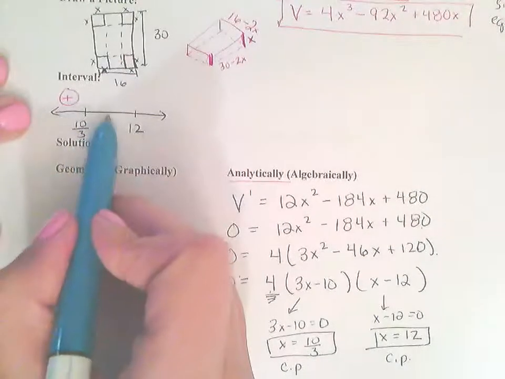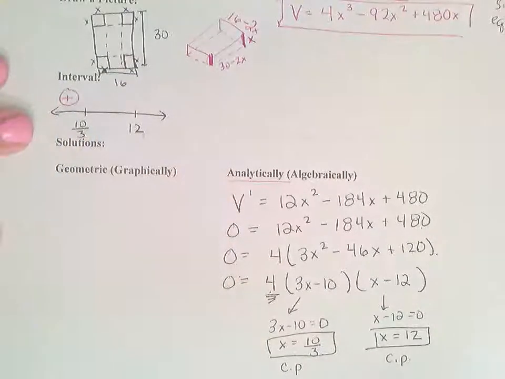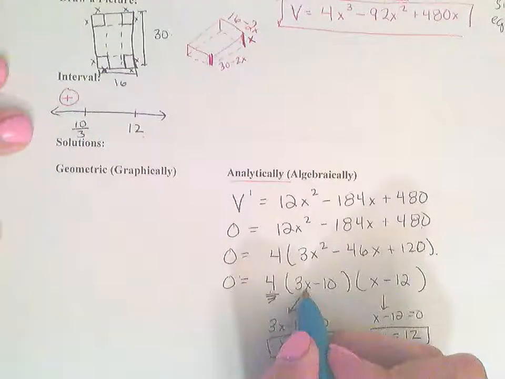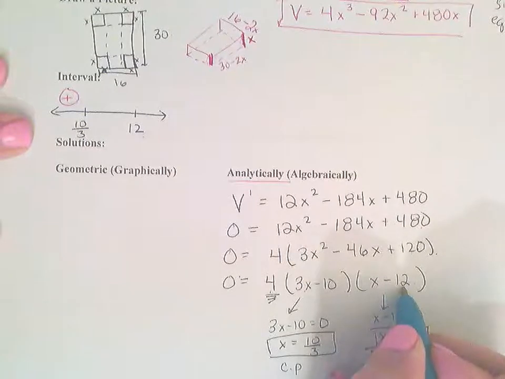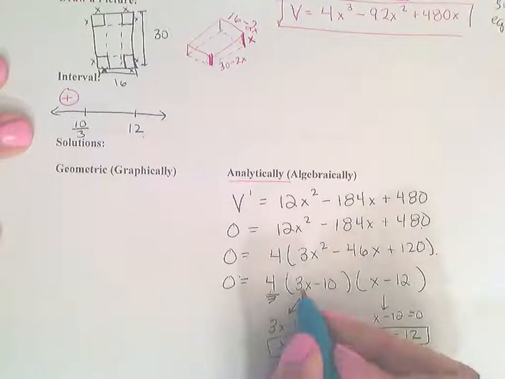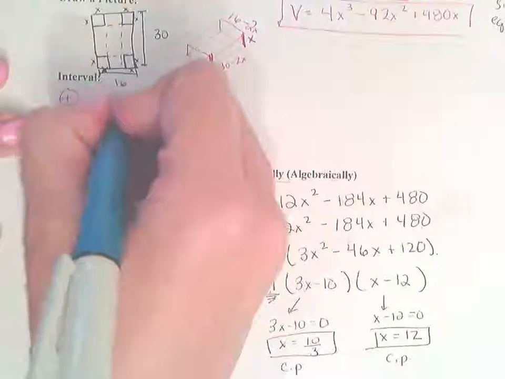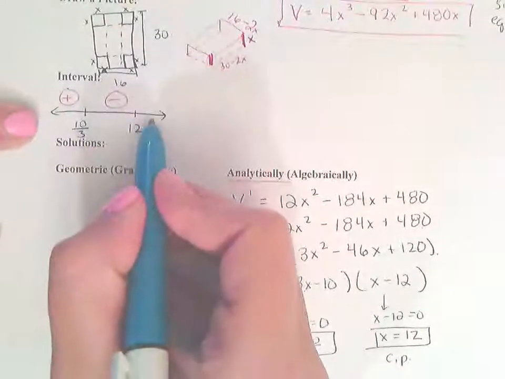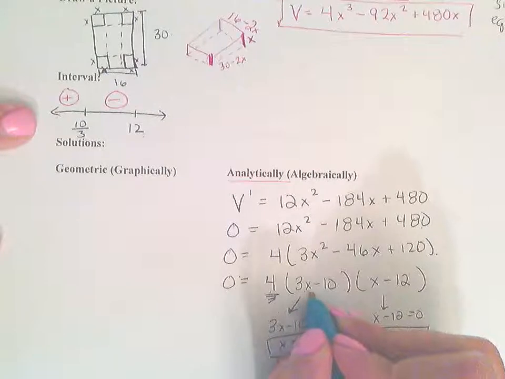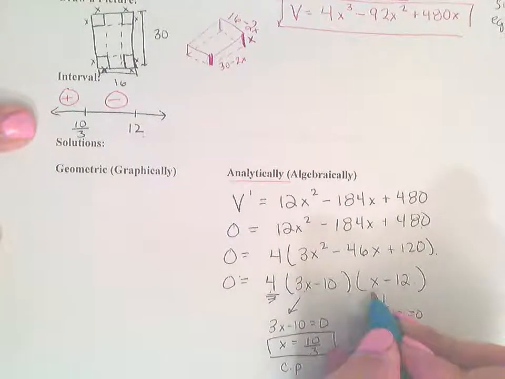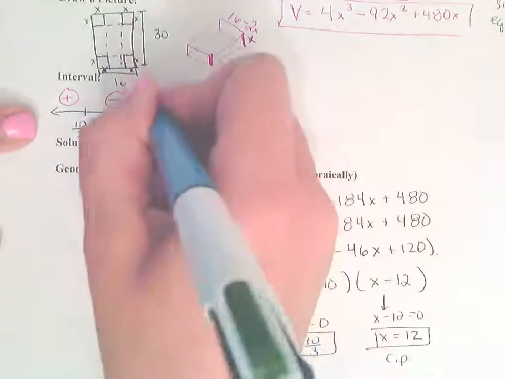If I plug in a number from this side, let's say 10, so 30 minus 10 is positive, 10 minus 12 is negative, so positive times a negative is negative. And if I plug in a number on this side, let's say 20, 3 times 20 is 60, minus 10 is positive, 20 minus 12 is positive, so that's positive.